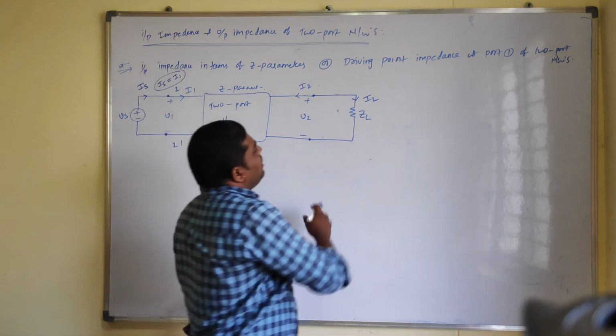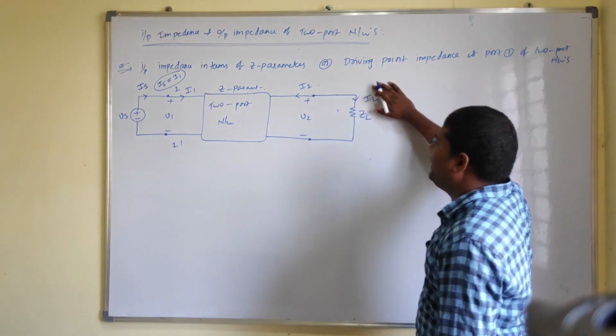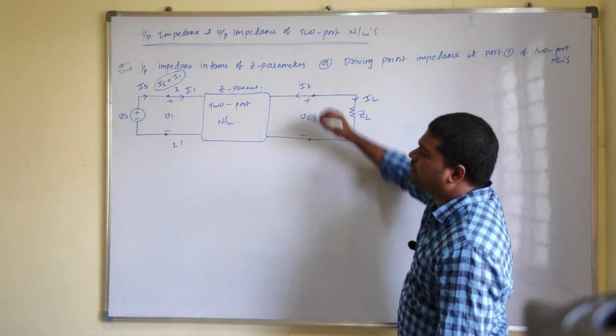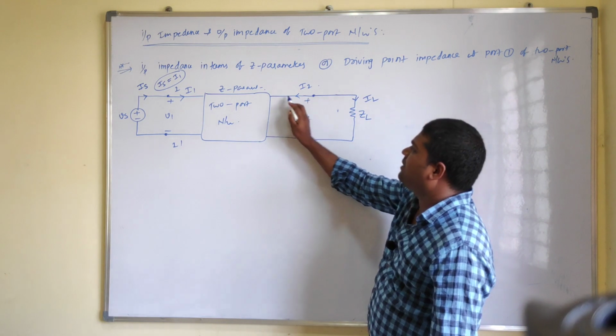Now observe this port 2 area. Here we have one node, with one branch being the load branch and this one another branch.